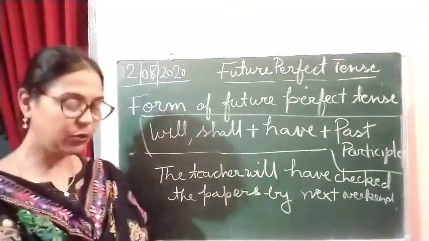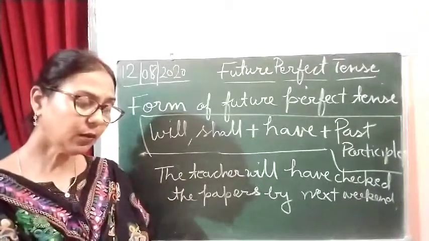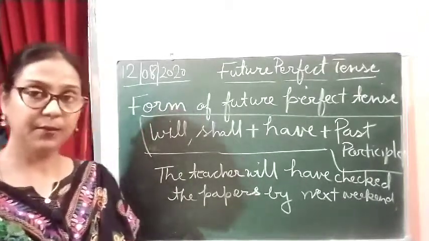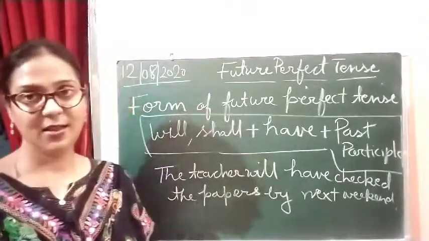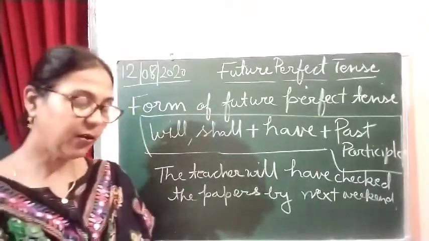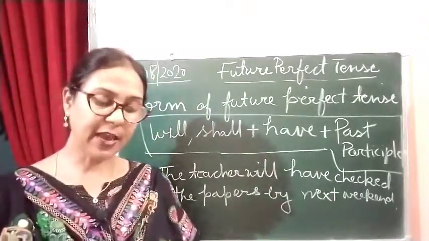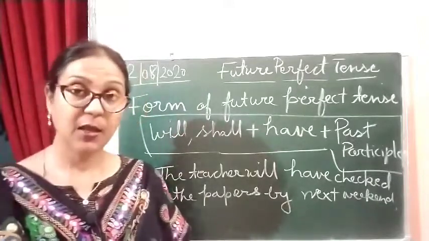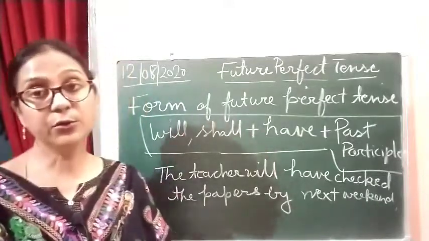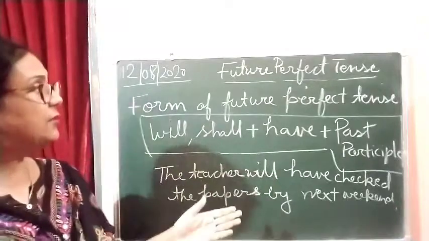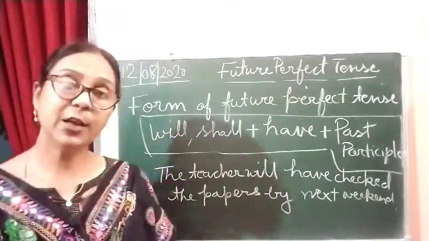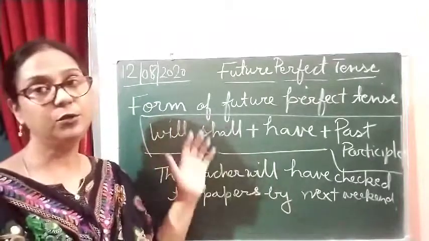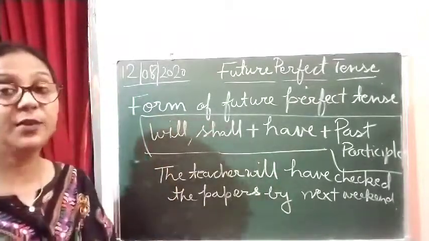Now we are moving to exercise number E, which is based on future perfect tense. Rewrite the following sentences in negative and interrogative form. First of all we should learn how to make negative sentences and how to make interrogative sentences in future perfect tense, because this is very important.